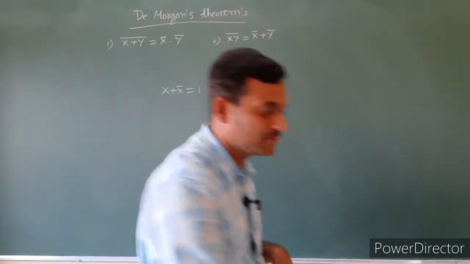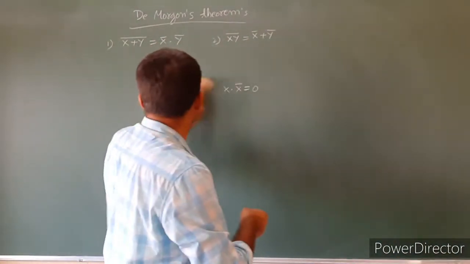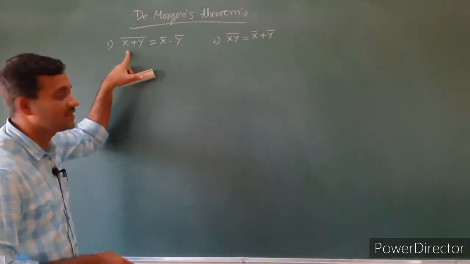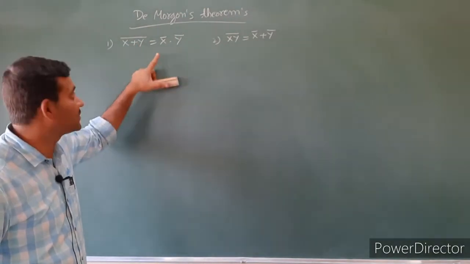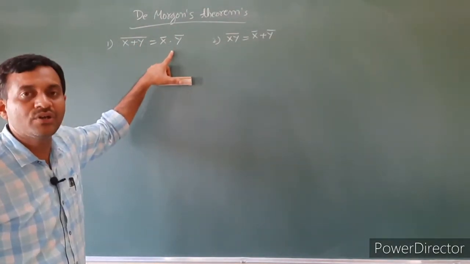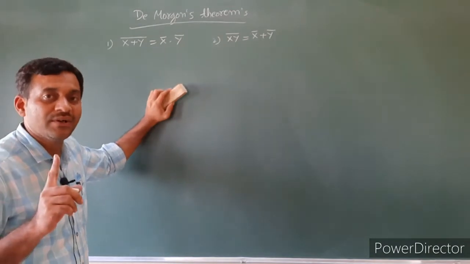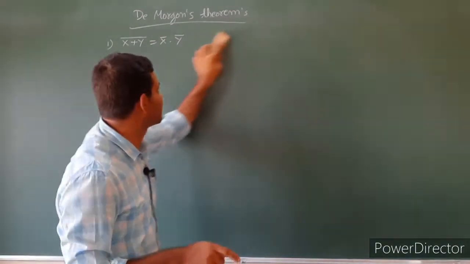Consider the first theorem, that is x plus y whole bar which is equal to x bar into y bar. That is De Morgan's first theorem. What is the definition of that?